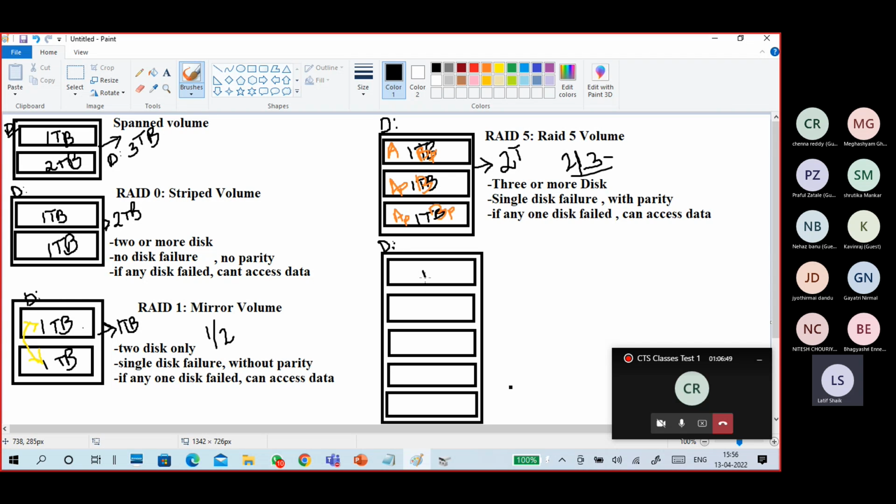Okay. Here also I take disks, but this time I take 5 hard disks. Each one is 1 terabyte, just for example purposes. This is called RAID 6.